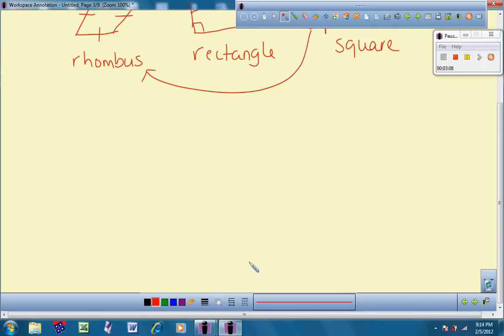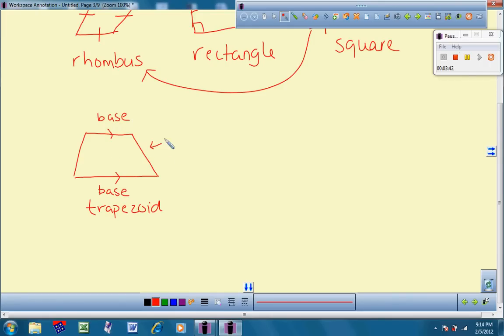Alright, next let's take a look at a trapezoid. A trapezoid is different from a rectangle in the fact that there are only 2 parallel sides. The other sides are not parallel and they are not necessarily congruent. Remember, with a trapezoid, the 2 sides that are parallel are called your bases.